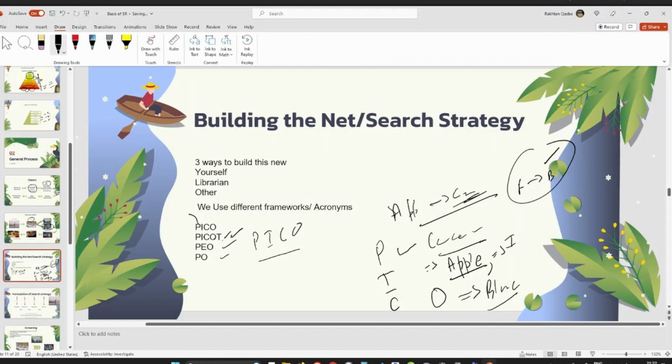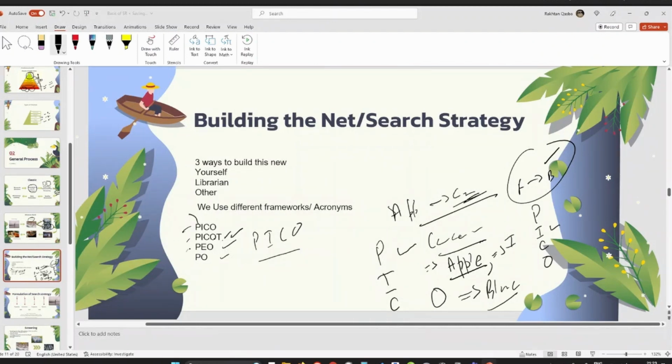Now we'll build a search strategy around this. Now we have the PICO. If you have a full PICO, you don't always need a comparison. You can have a comparison or not, and an intervention or not. You can put your research question in any of these frameworks.